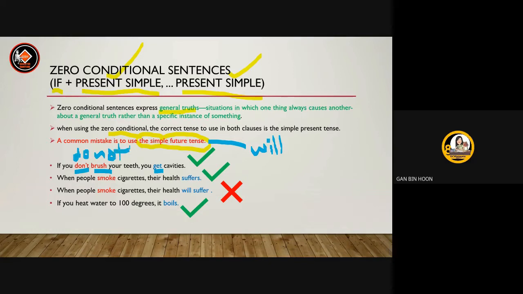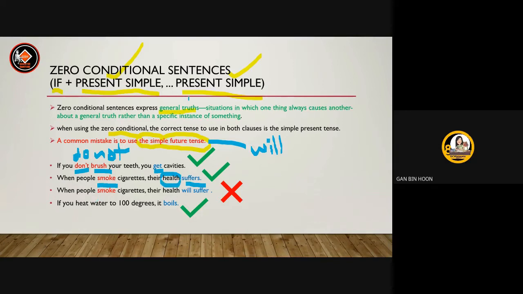Any problem so far? Can you understand? You can turn on the mic if you want. Okay, next: when people smoke cigarettes, smoke is present, okay, because people are many. After that, their health suffers. Some would also use the word will, but you cannot say will. Their health suffers. Health tak boleh bilang, cannot count, so it is singular.